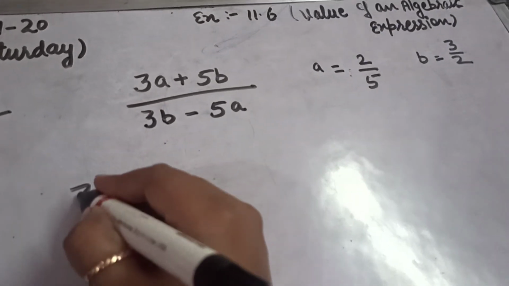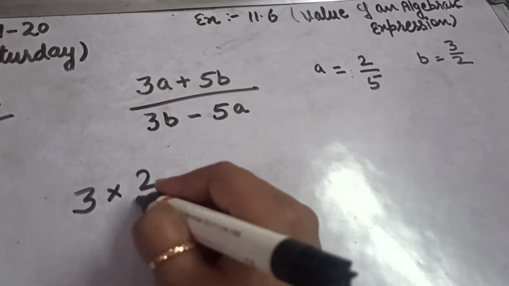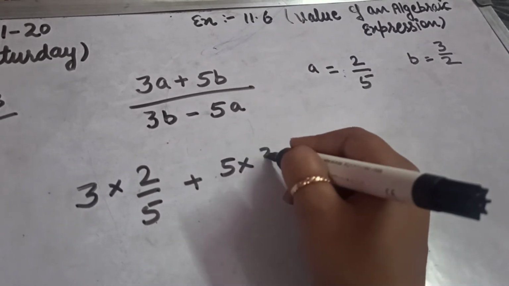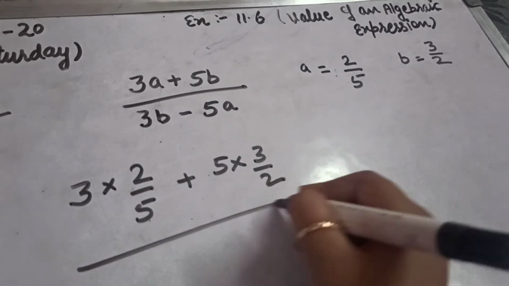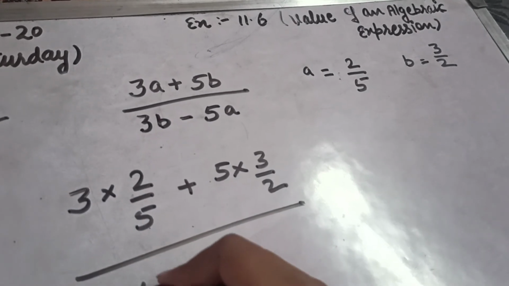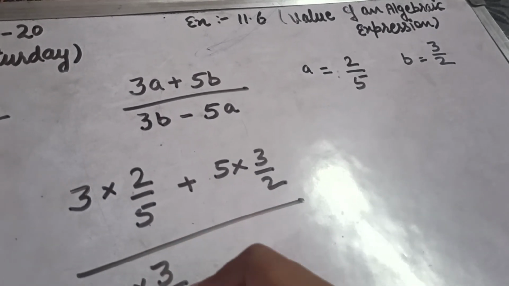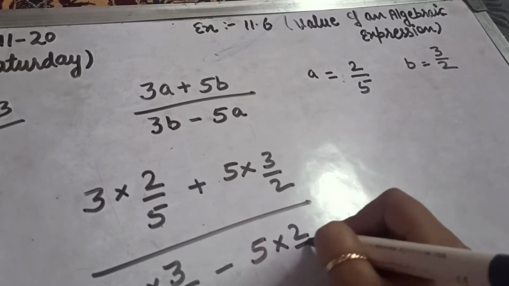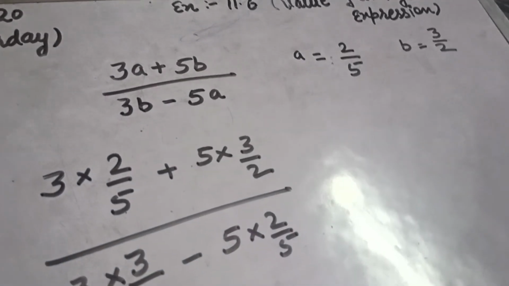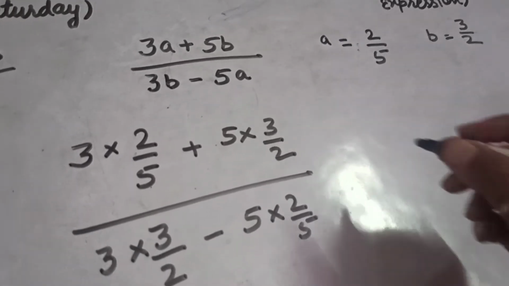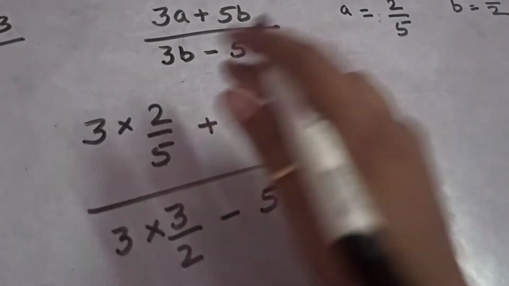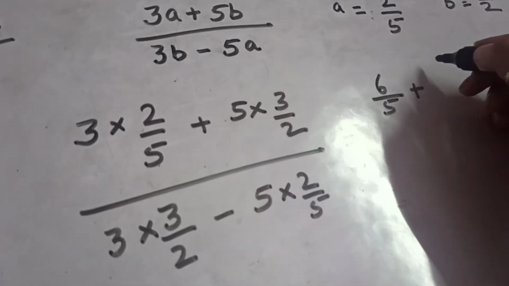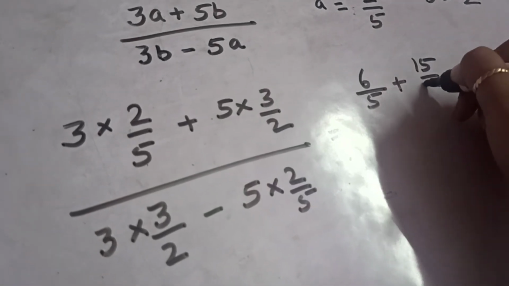So we will put the values. 2 by 5 plus 5 multiplied by 3 by 2. Same for the downside, 3 multiplied by b, 3 by 2, and 5a multiplied by 2 by 5. Right? Now multiply: 3 2s are 6 by 5 plus 5 3s are 15 by 2.